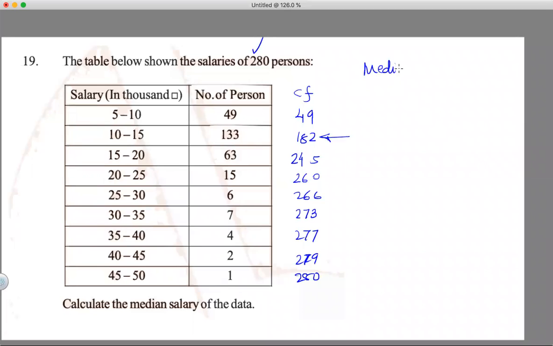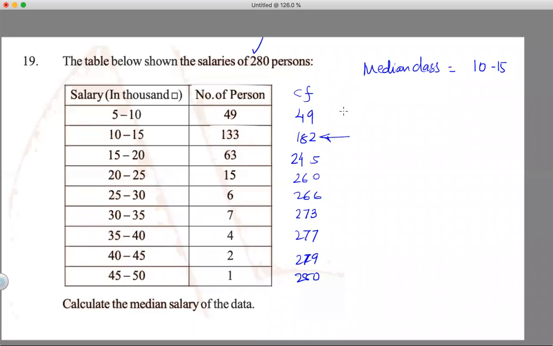Always write median class, right? Because you will get marks even for writing that.